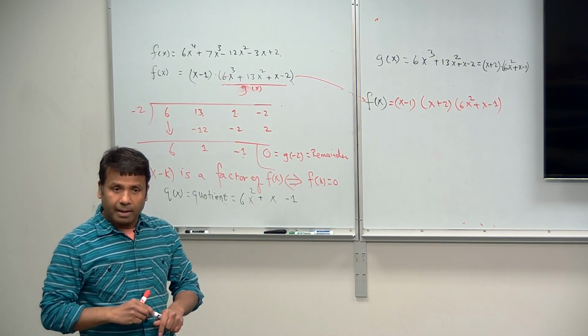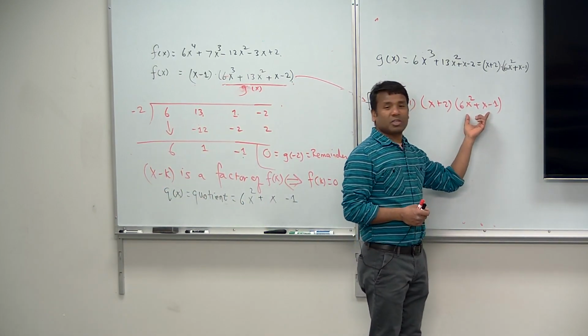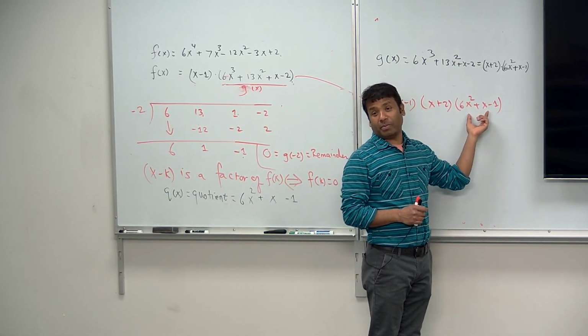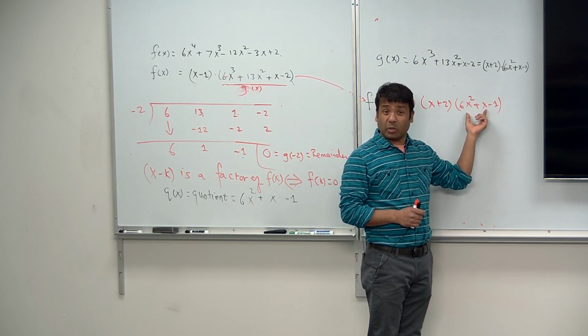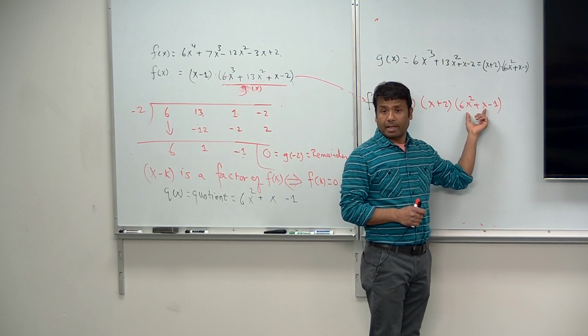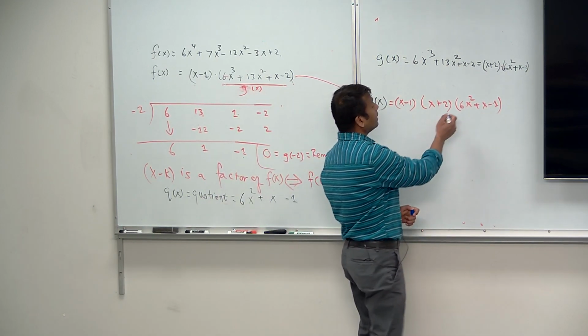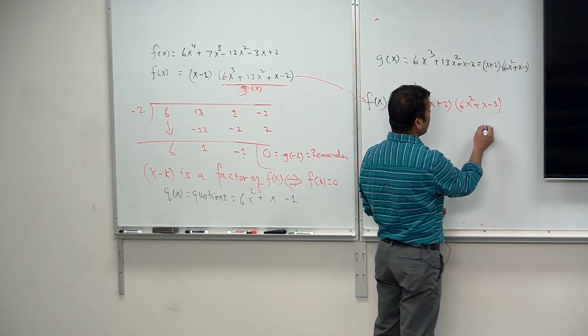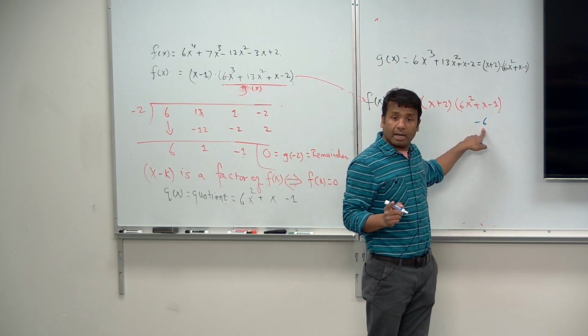Did you get it? So now, you don't have to use the rational zeros theorem here because this is a quadratic polynomial. You know how to factor a quadratic polynomial, how to find the zeros of a quadratic polynomial, right? Just factor it, okay? So if you look here, 6 times negative 1 is negative 6.